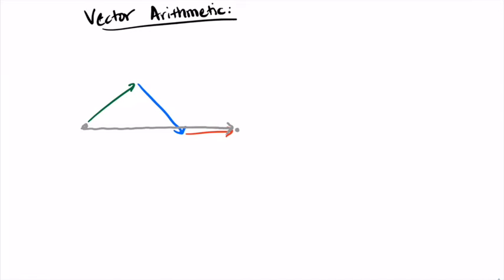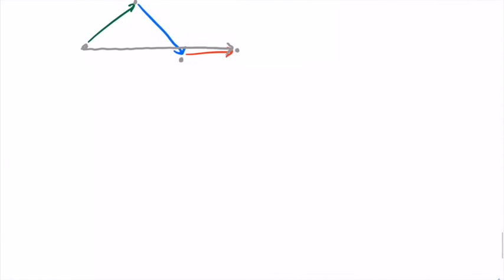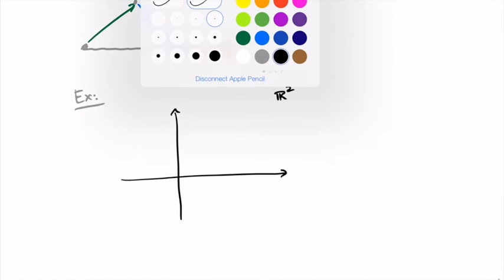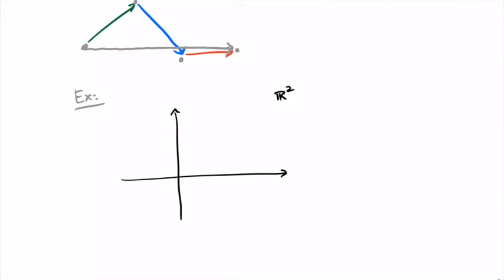So the question is, how do I add them? Well, if I think of each one as being a movement, I can add the movements. So, for example, let's add in R2, so that it's easy for us to see. Let me have one vector, my favorite, 1, 2.